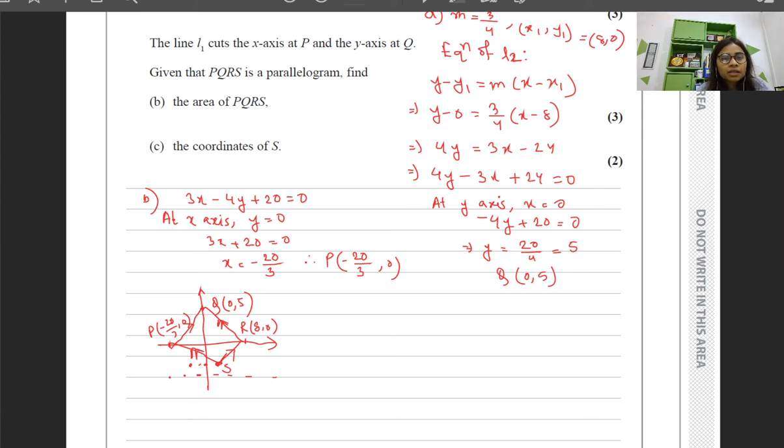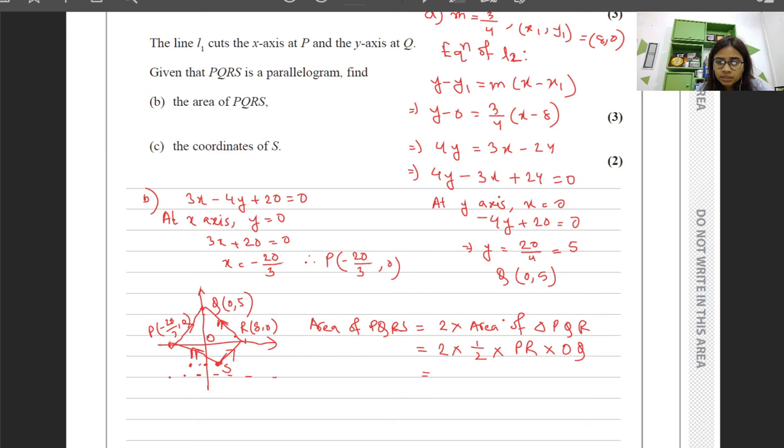the area of the parallelogram PQRS is basically twice the triangle PQR. So area of PQRS equals 2 into area of triangle PQR. So 2 into half into base and height. The base is PR and the height, let's consider it OQ.